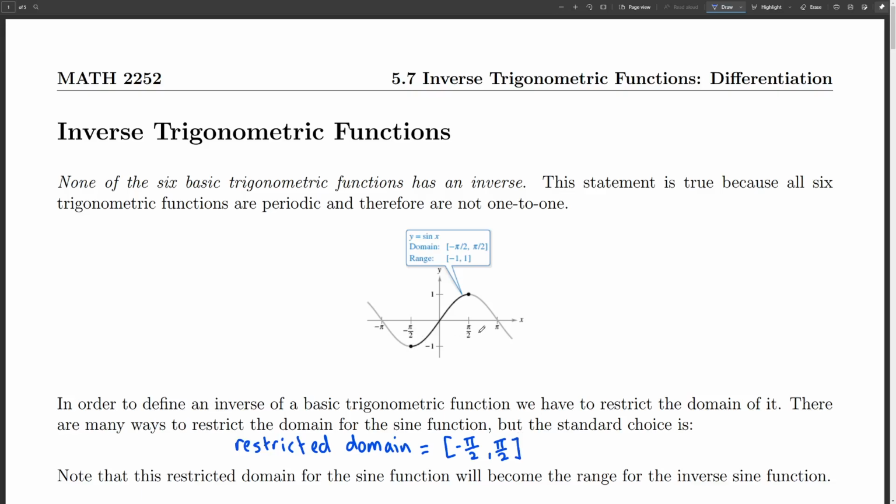Because if we restrict the domain to those values, then the sine function takes on all its possible values from negative 1 to 1.